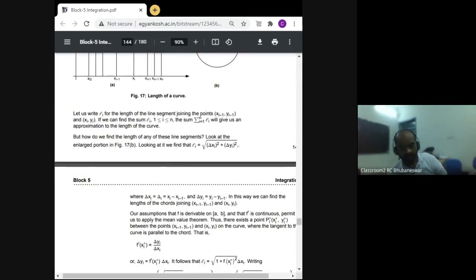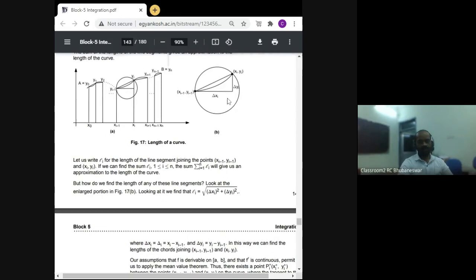That means the length of the curve between the points xi minus 1, yi minus 1 and xi, yi can be calculated as the square root of delta xi squared plus delta yi squared, because delta xi is the horizontal component and delta yi is the vertical component of this right angle triangle. That's why we can use the Pythagoras formula to calculate the value of the small length of this line segment.